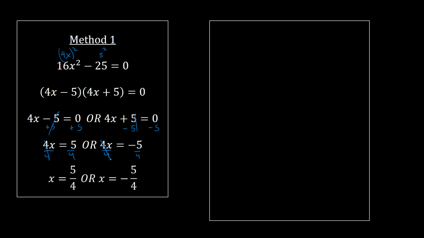So that is method 1. Method 2 is using the principles learned in this lesson, where given the same equation, I can isolate the x squared term. To isolate, I can bring the 25 to the right by adding 25 to both sides, which leaves me with 16x squared equals 25. From here, I can take the square root.